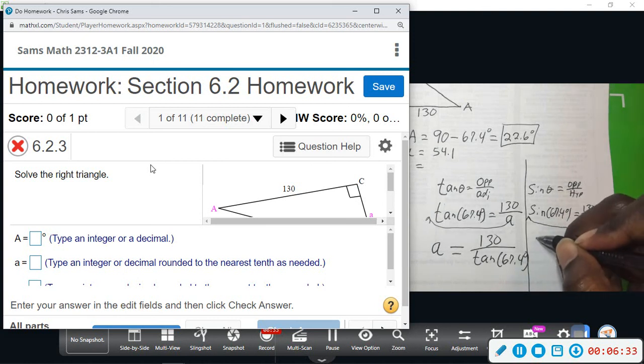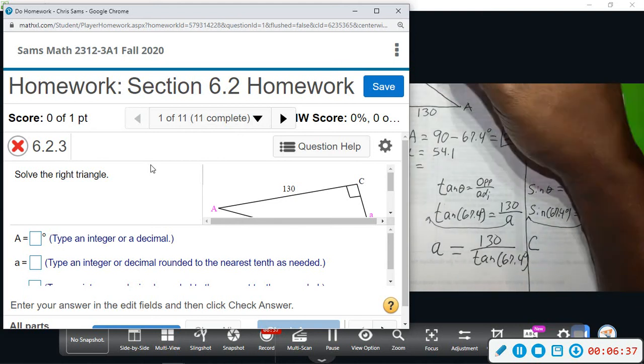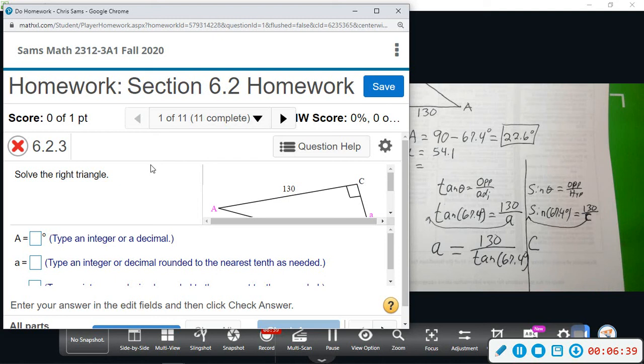What we expect is some number larger than 130, because the hypotenuse is the longest side. So 130 divided by sine of 67.4.